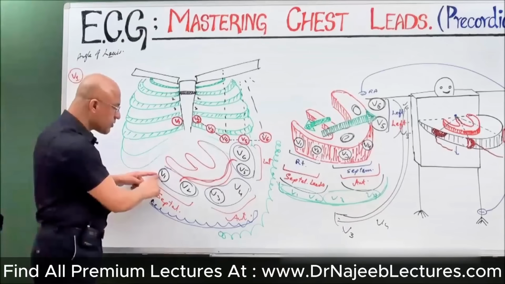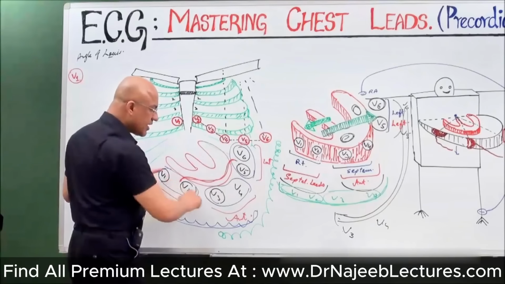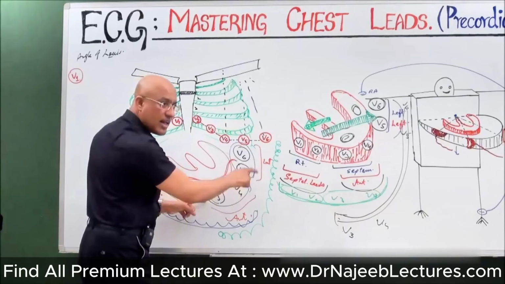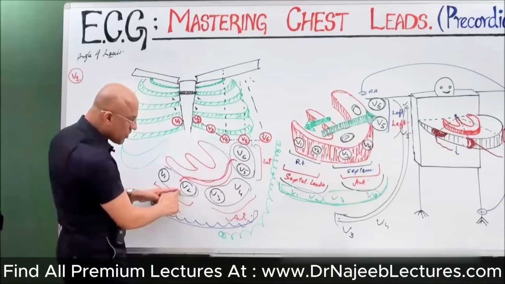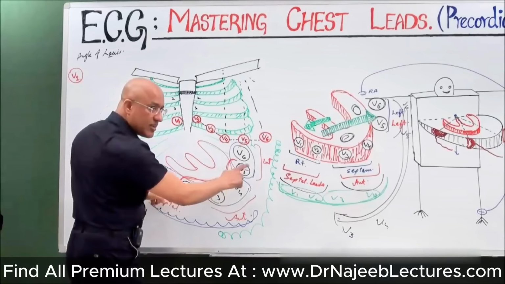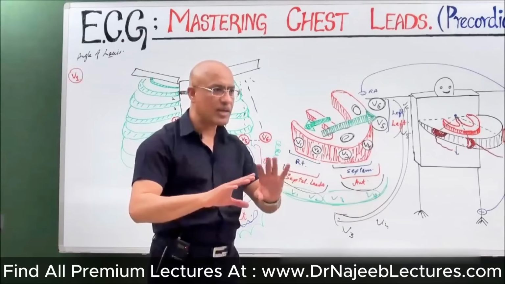If changes are from V1 to V4, anteroseptal. From V3 to V6 are classified as anterolateral, anteroapical leads. And V2 to V5 are classified as main anterior leads. Is that clear? Any question up to this?